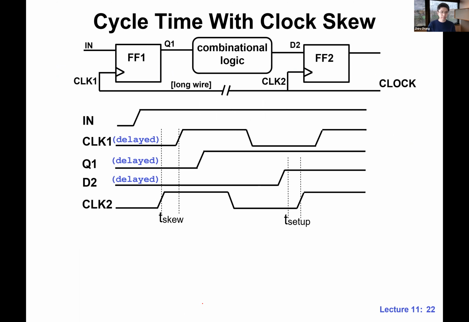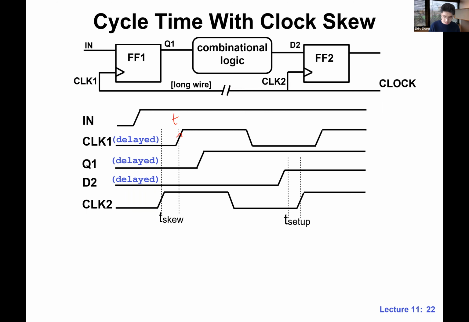Once again, just want to be clear. Our assumption is that in this case, clock 1 is delayed. Right? So basically, we have a long wire going from here to here. Okay, FF1 sees the clock later. So what do we do about this? How do we analyze the cycle time requirement? Once again, let's use the reference time.